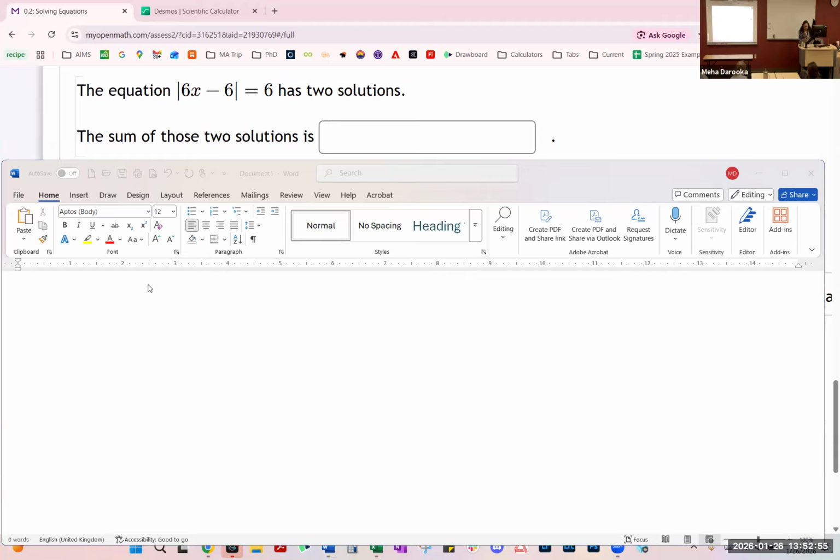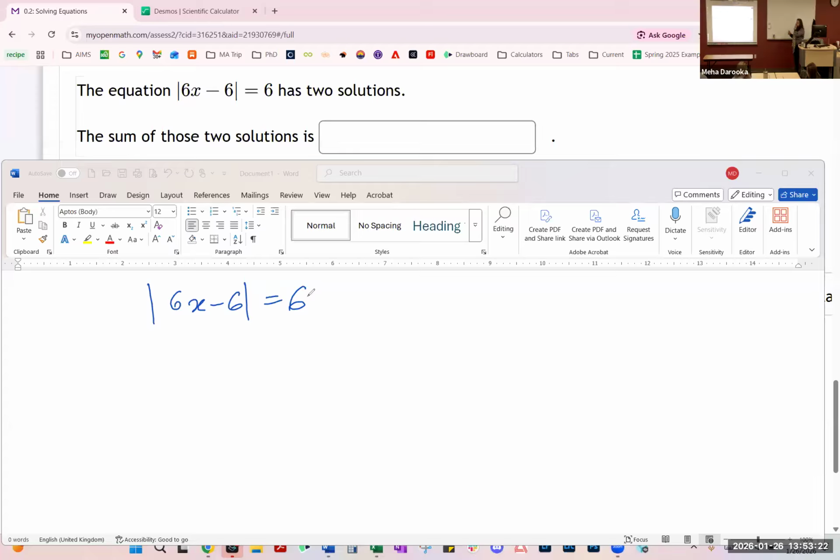We have the absolute value of 6x minus 6 equals 6. In this case, the right-hand side is a positive number, which means we can actually solve this one. It's only when the number on the right is negative that we stop. Even if it's 0, you can solve it. So 0 or positive, we can solve the equations. Negative is when absolute value equations cannot be solved.